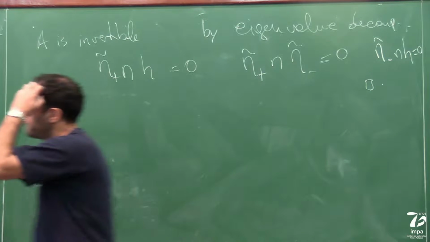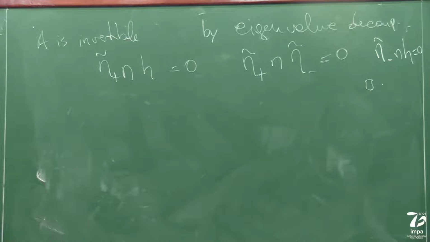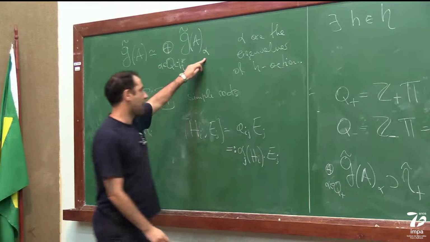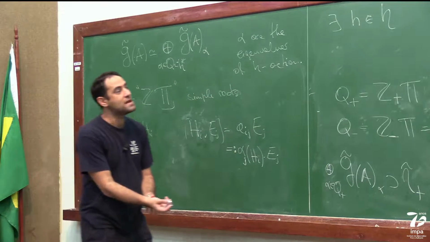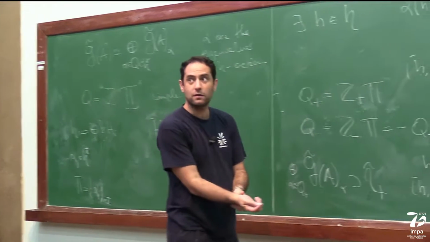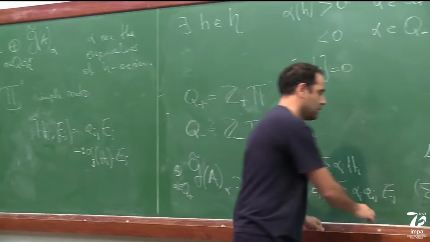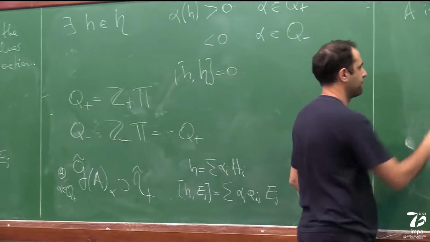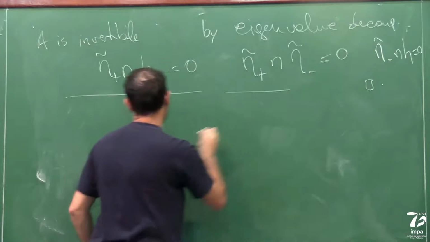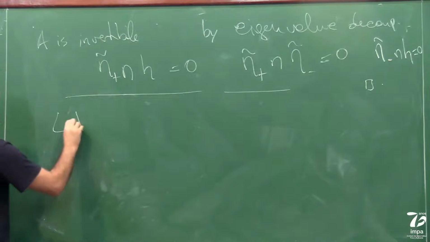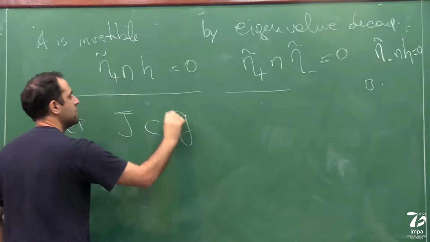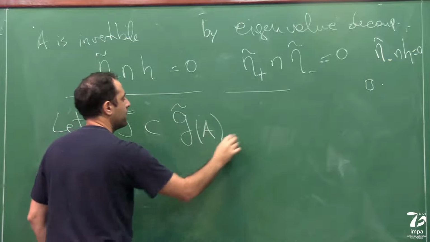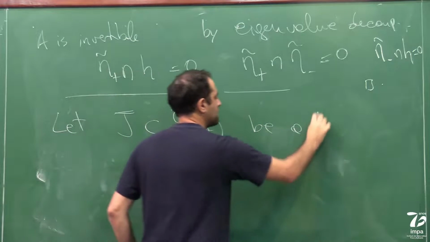But moreover, we've checked that we have this decomposition by eigenvalues of the diagonal action of h, and we now have very good control of what the ideal was. So let J be an ideal in G tilde of A, a Lie algebra ideal.